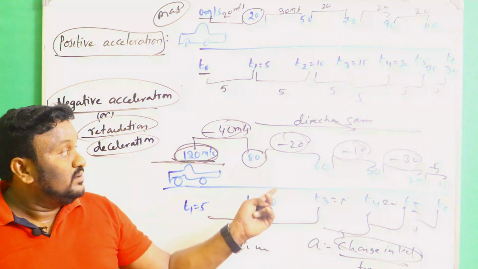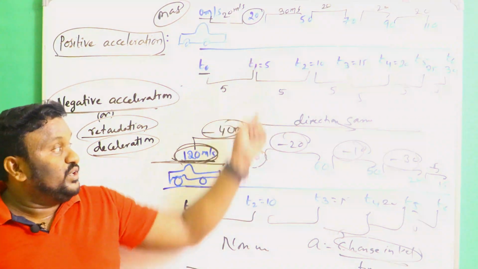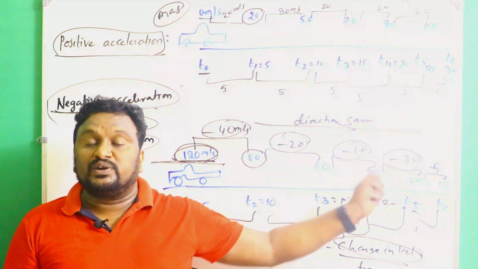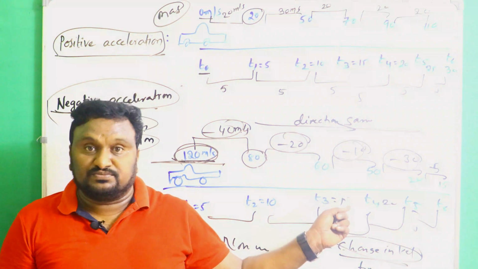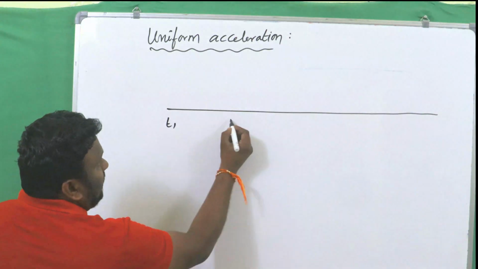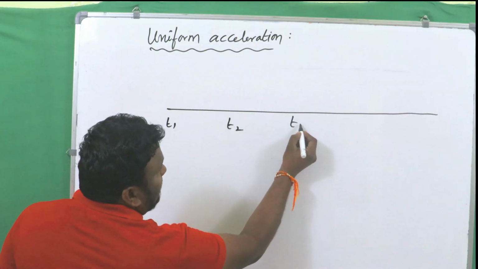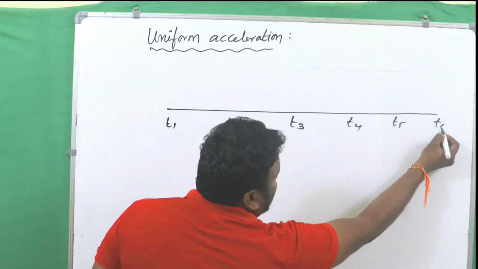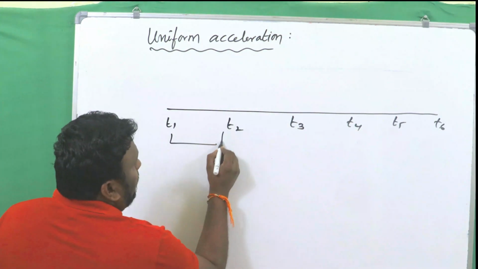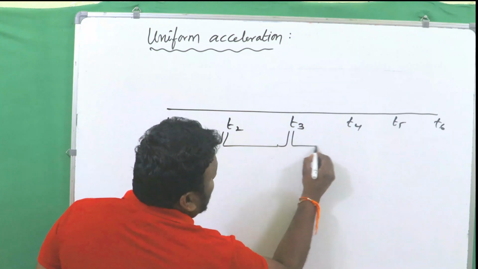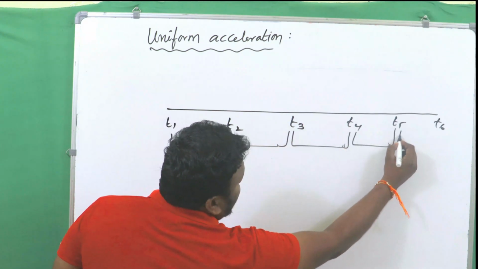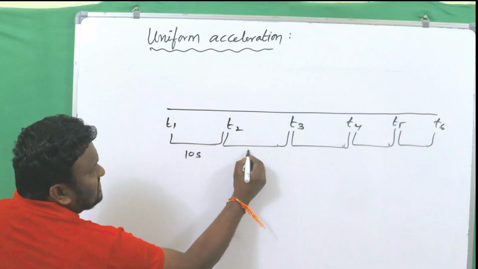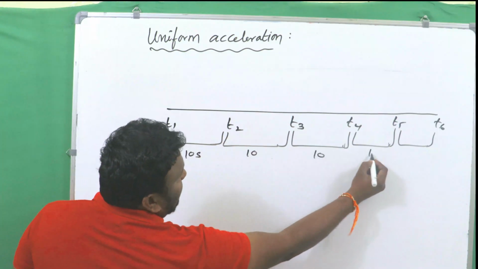You can observe here that in both cases the change in velocity is not uniform. It is non-uniform. That's why it is non-uniform acceleration. Clear? And we are taking equal intervals of time, t1, t2, t3, t4, t5 and so on. Every time, the time interval should be taken as, let's say, 10 seconds, 10 seconds, 10 seconds, and again 10 seconds.